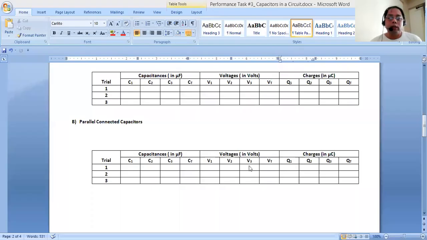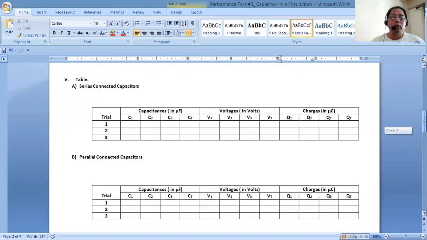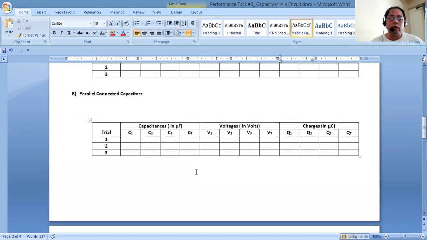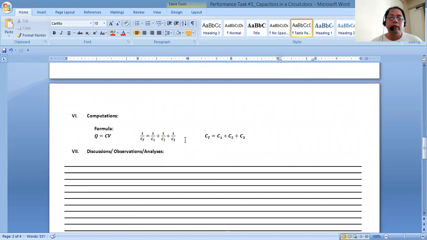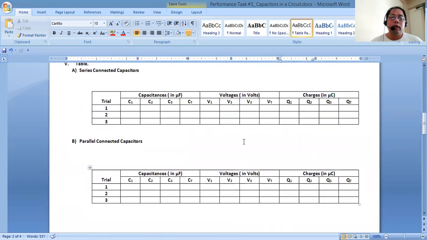Just a little reinforcement. So what are the things again that you are to use here? For C sub 1, C sub 2, C sub 3, and C total, C total will need a formula that we added below. So either you use series or parallel connection, you can get the C total there. Just use the correct principle.